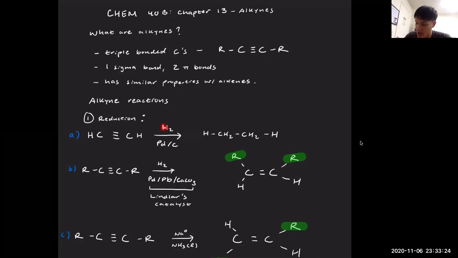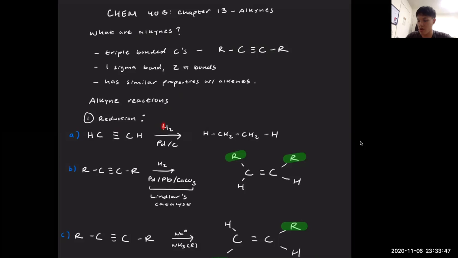If we react it with, you've seen this before, hydrogen gas on palladium on carbon, you get a full reduction to an alkane, which is very similar, if not the same as what it would be if this was an alkene.